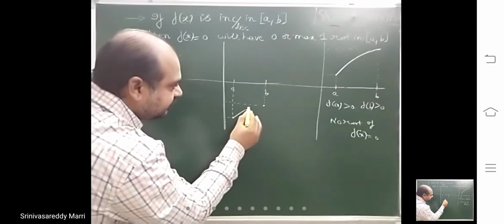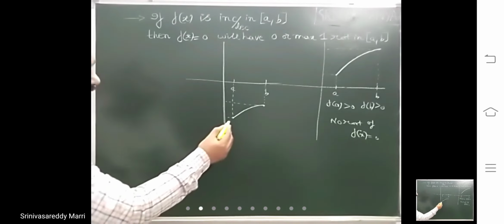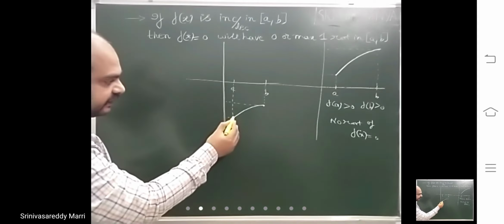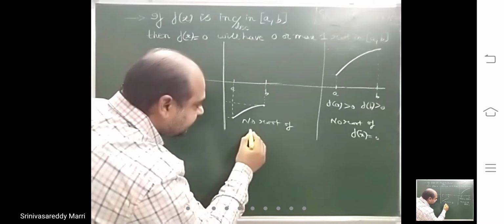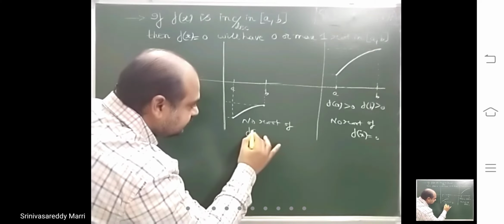Look at how the graph is increasing. Look at from here to here, A to B increasing. That means the graph will not cut x-axis. So therefore no root. Therefore, in this case, there is no root of f of x equal to 0.